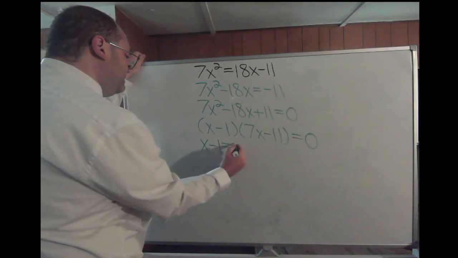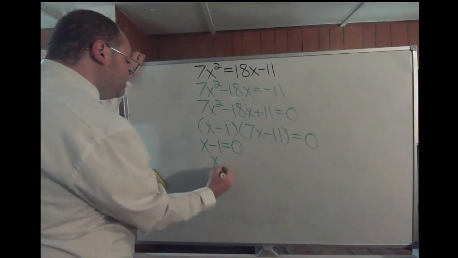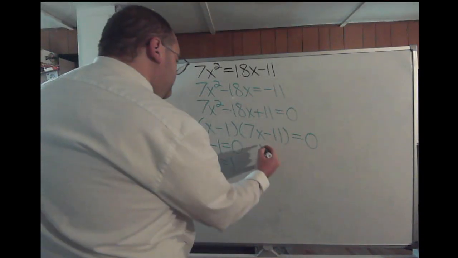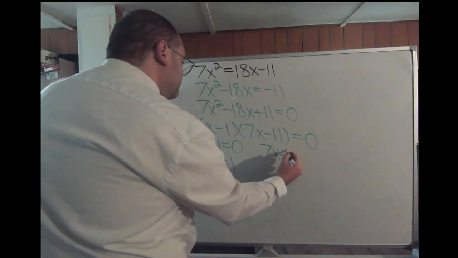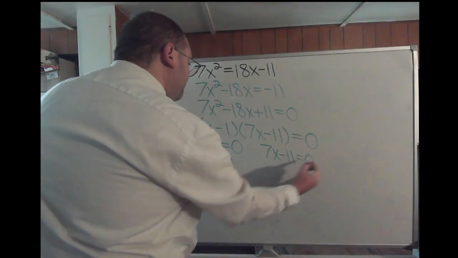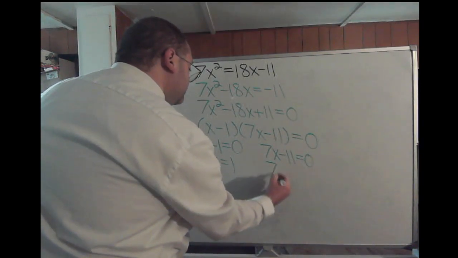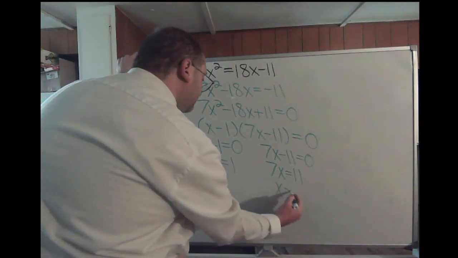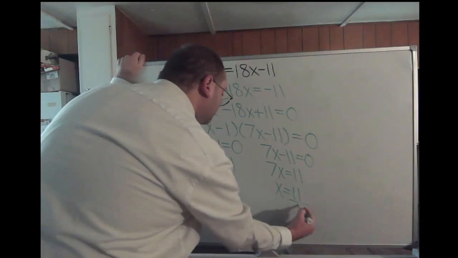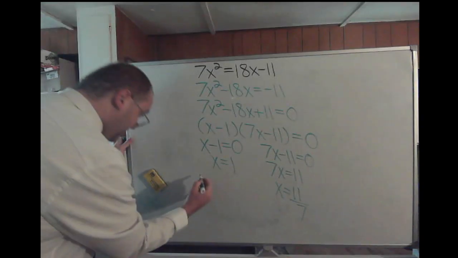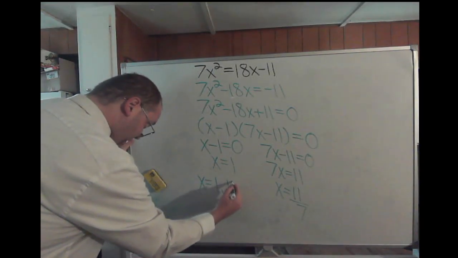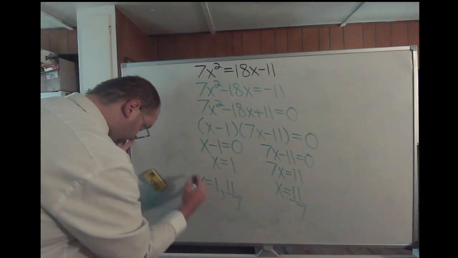X minus 1 equals 0. X would just equal 1. And then you have 7x minus 11 equals 0. So then 7x equals 11. X equals 11/7. So the answers you should get for this, x would equal 1, 11/7.